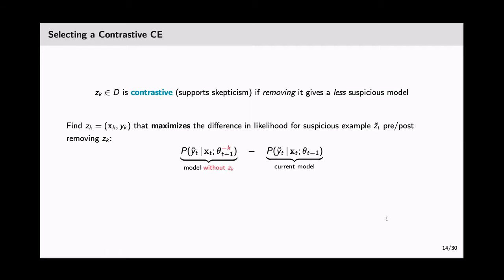So basically, we have our model, we train it on a training set which doesn't contain the candidate counterexample, and we take the likelihood. And then we take the likelihood of the model trained on the whole training set, which contains also this counterexample. So the counterexample that maximizes this difference is a counterexample that satisfies the contrastive requirement.